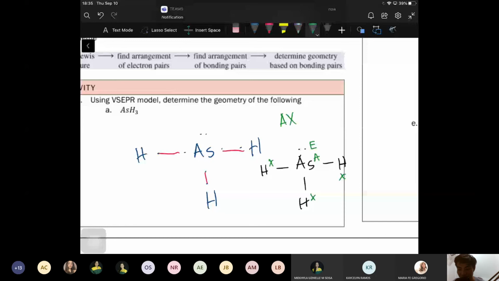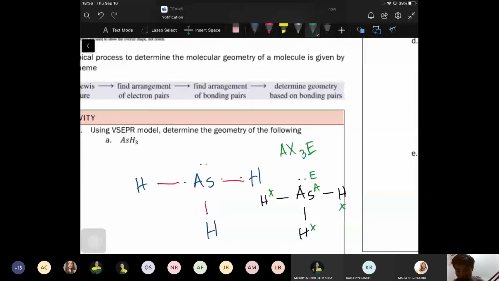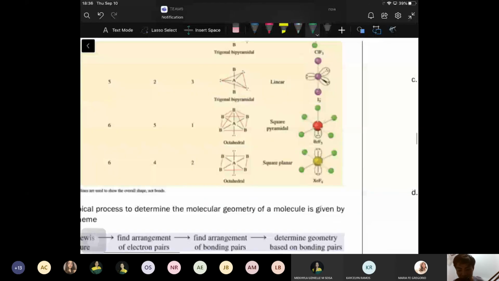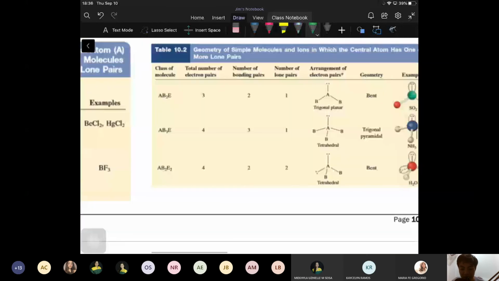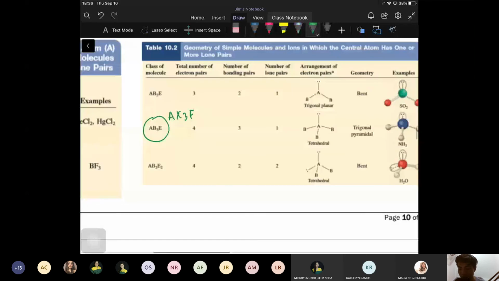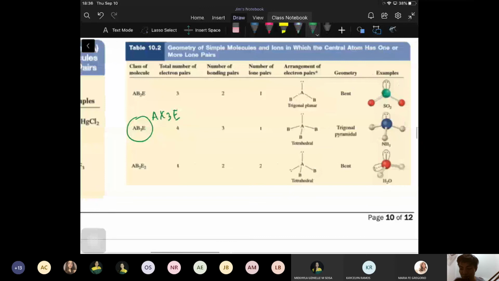That will assume the geometry of AX3E. Hanapin natin sa table kung ano yung katumbas ng AX3E. Tingin tayo dito. AB3E nakalagay dito eh. Ito AB3E or AX3E. So, tingnan natin yung geometry niya. Trigonal pyramidal. So, the shape of the molecule is trigonal pyramidal.